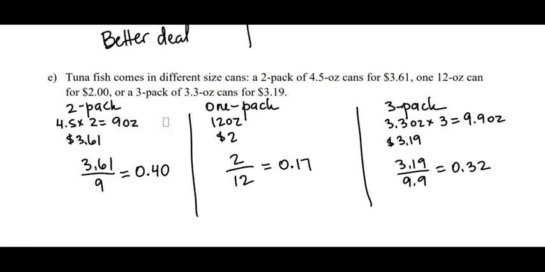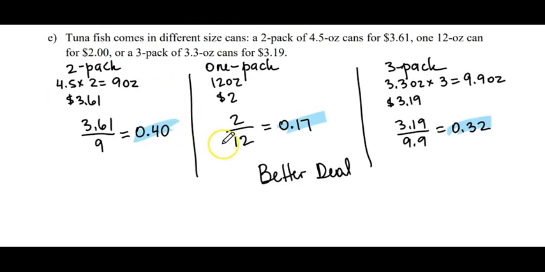So these are our three numbers that we're comparing. And it looks to me that buying the 12-ounce can for $2 is the better deal, if you can eat 12 ounces of tuna in one sitting without it spoiling. Money-wise, that's a better deal. All right, this concludes our lesson, and thank you for watching.